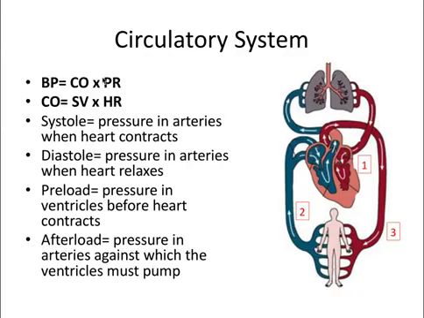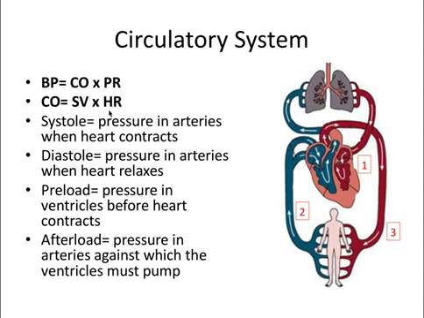So there are two equations that define how these three factors contribute to blood pressure. BP, specifically mean arterial pressure, which is the average pressure in the arteries of the system, is equal to the cardiac output times the peripheral resistance. And cardiac output, specifically, is equal to the stroke volume times the heart rate.